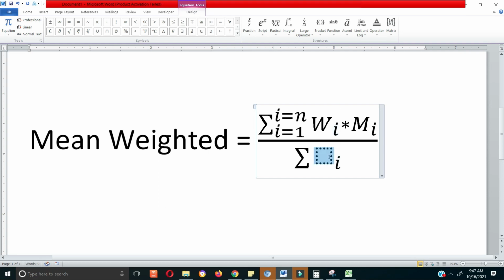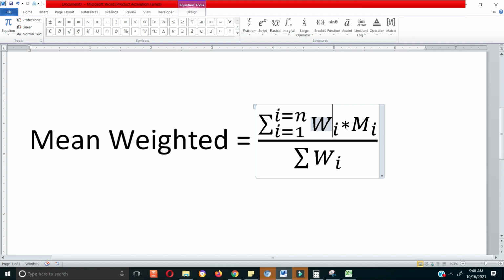So you can see the relationship: grouped data is actually a weighted mean where the frequency is the weight. That's what it means. So if I wanted grouped data, I'd replace the weight with the frequency. So grouped data is actually a weighted kind of data where the frequency is the weight.